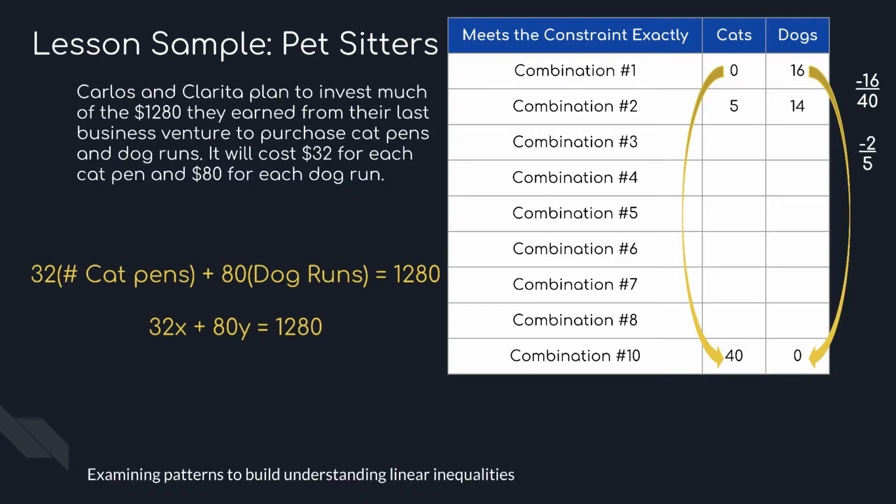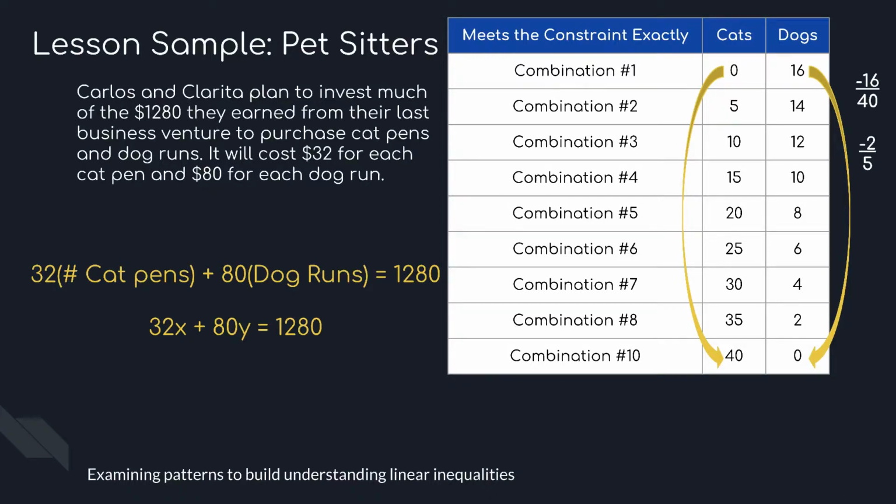This allows us to have 5 cat pens and 14 dog runs, 10 cat pens and 12 dog runs, and so on. We now have a table that represents combinations that will meet the constraint exactly.